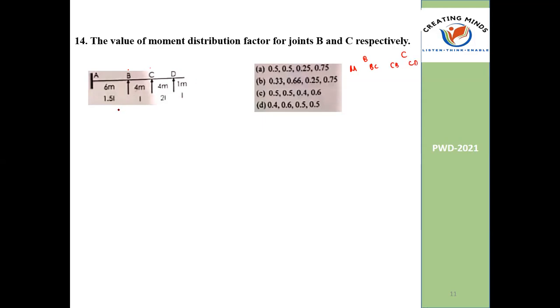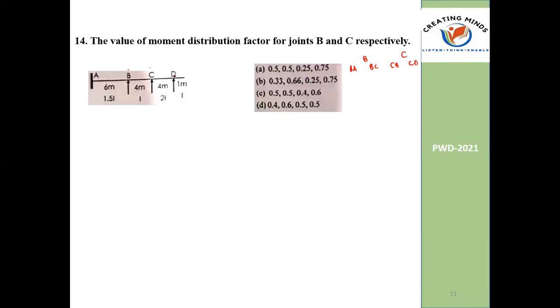CD. So what is the relative stiffness for the members? If the end support is simply supported, then it is 3EI by L. But in the given problem, which one is the end support? Is AB 3EI by L or 4EI by L?